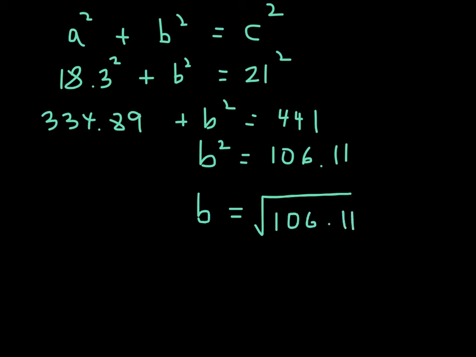Now, that's an exact answer. For an approximation, I can use my calculator at this point, and this says approximately equal to 10.3. Okay, so the height of the computer or the viewable image of that computer is about 10.3 inches.